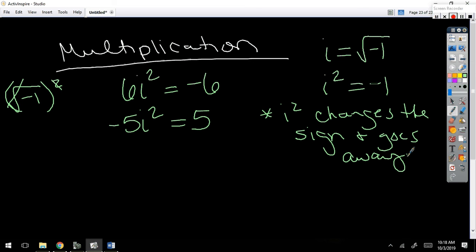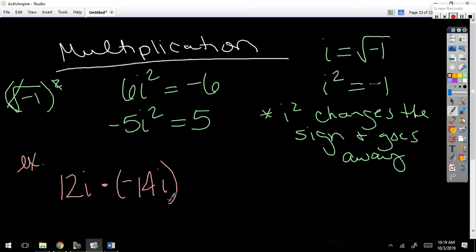So I show you all that so that I can show you multiplication of imaginary numbers. What if I had 12i times -14i? So if I'm multiplying these two imaginary numbers, what do you do?